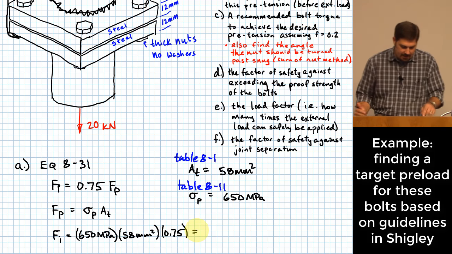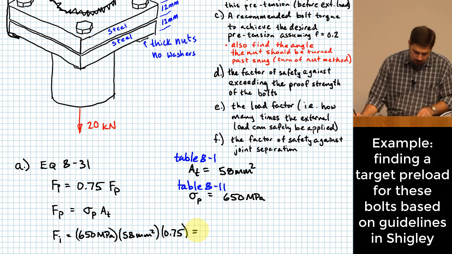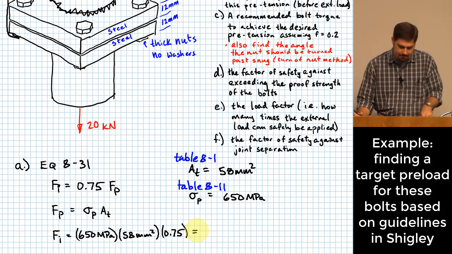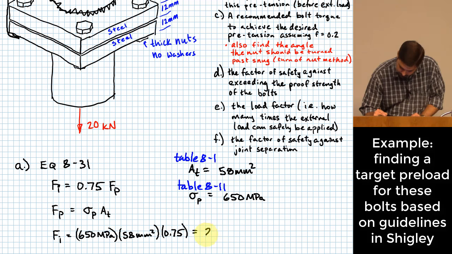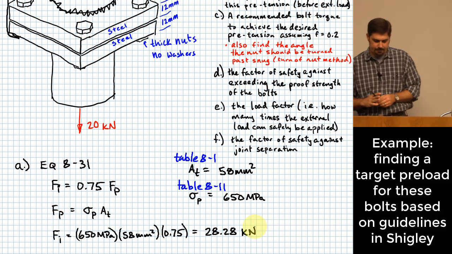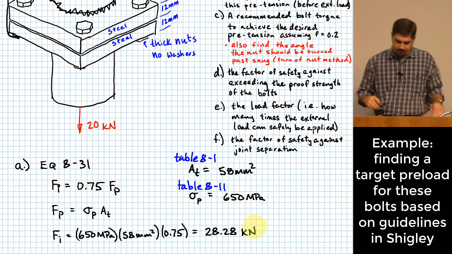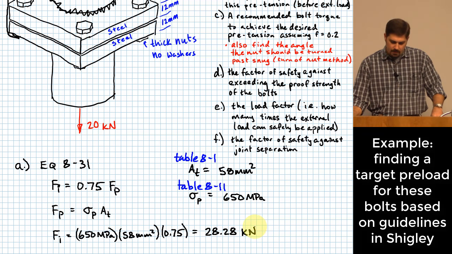All right, and what that gives us here is 28.28 kilonewtons. All right, and this is per bolt, right?